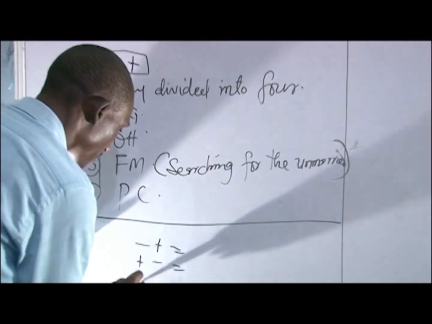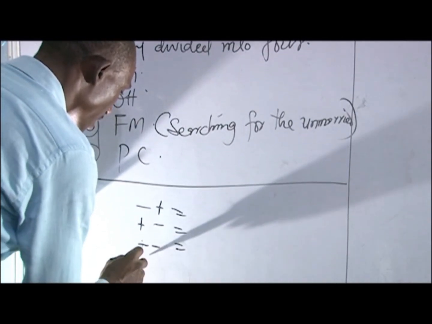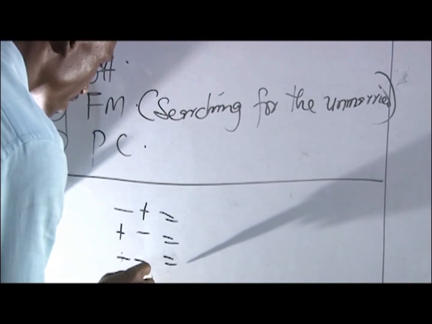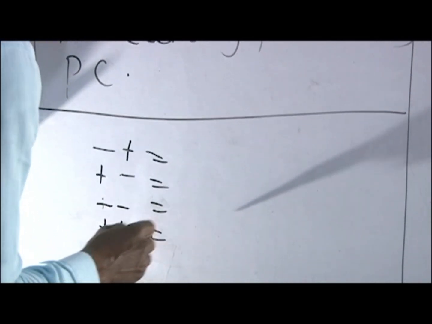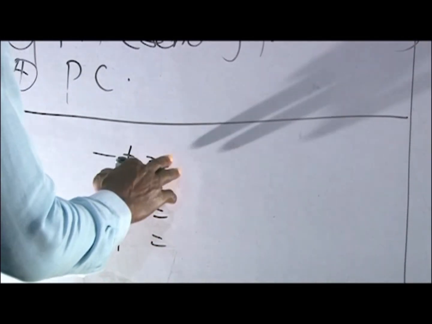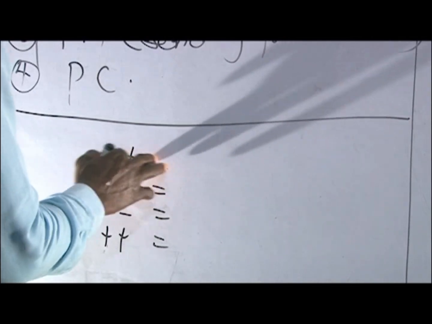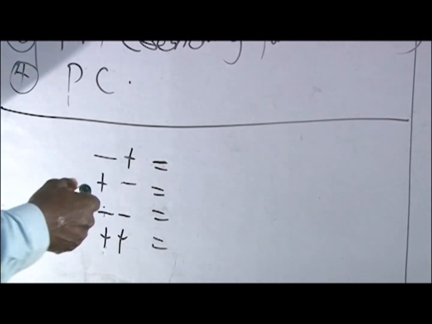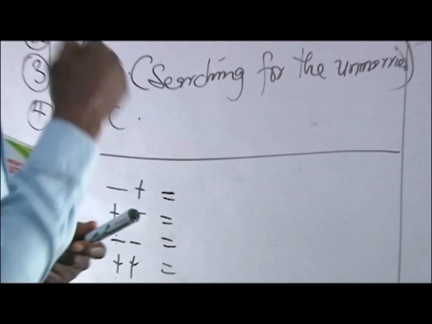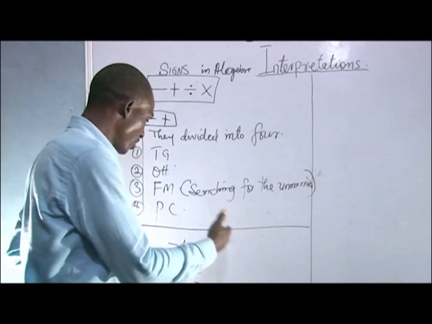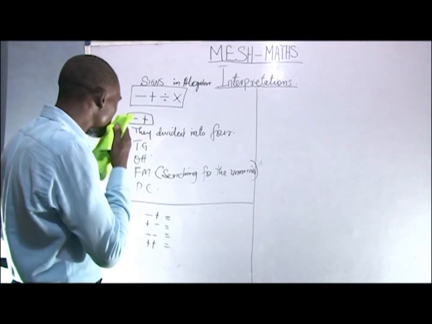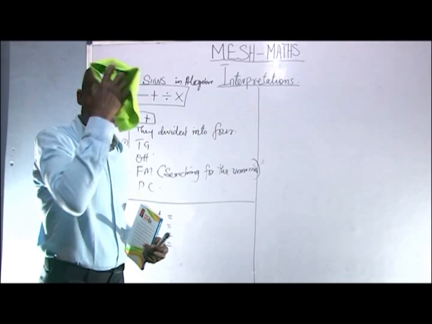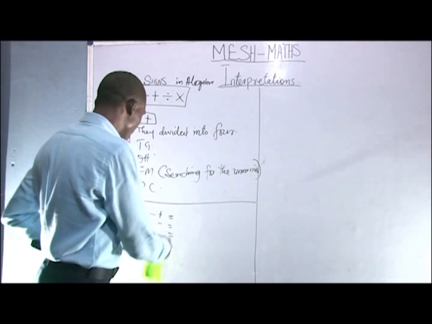Minus equal to, then plus equals to what? So we've seen this in our days when we were in secondary school. So they gave us this, and we were asked to memorize it. That was the only solution, that we should memorize this.